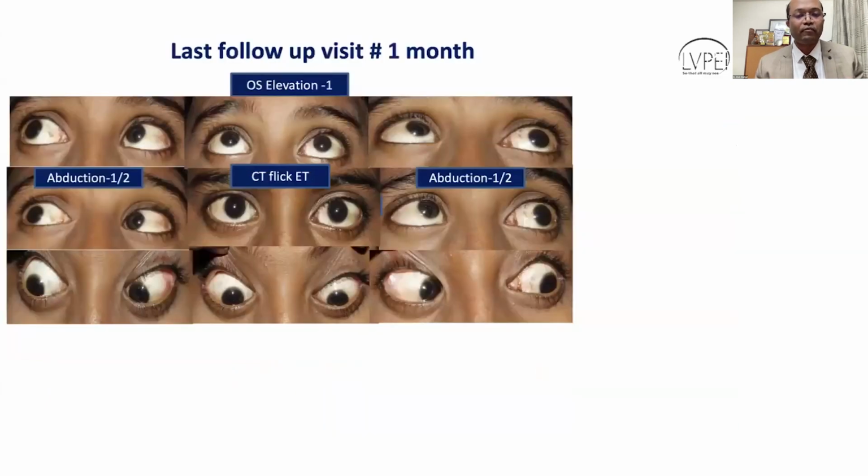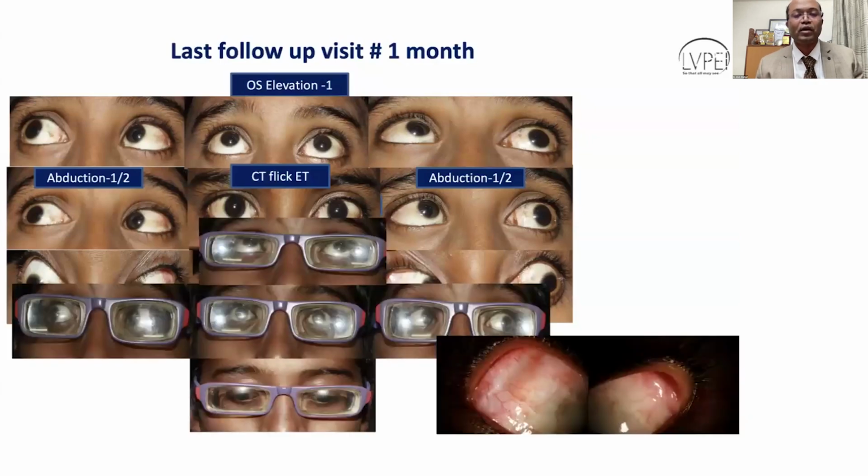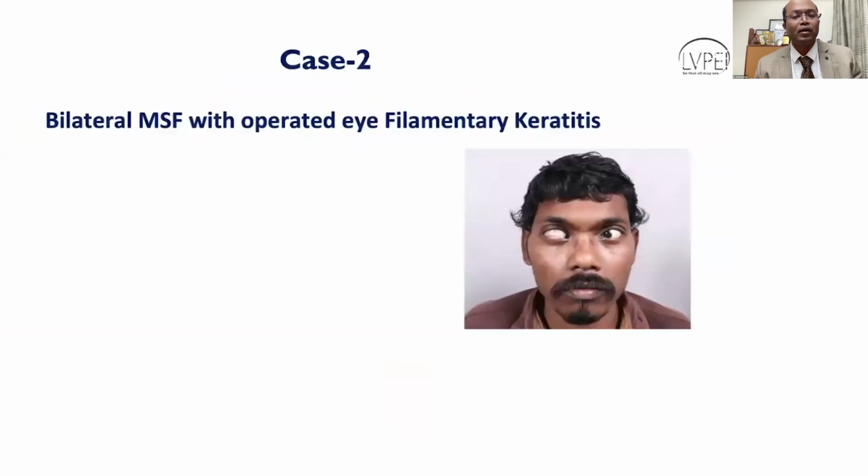We went ahead, and at 1 month follow-up, he had an amazing outcome with straight eyes, no further exposure of the right eye, and no further infection or abscess of the left eye. So that's one complication I came across in this group of patients.